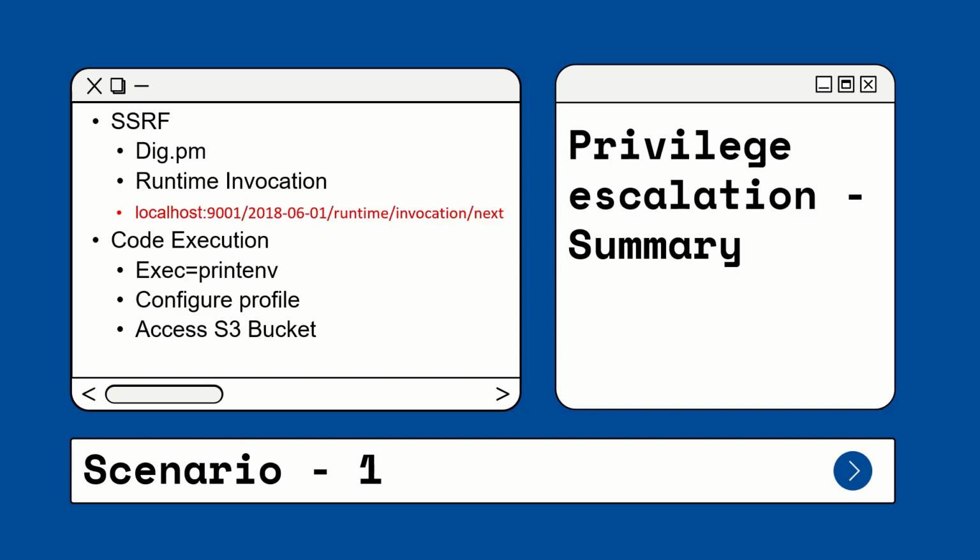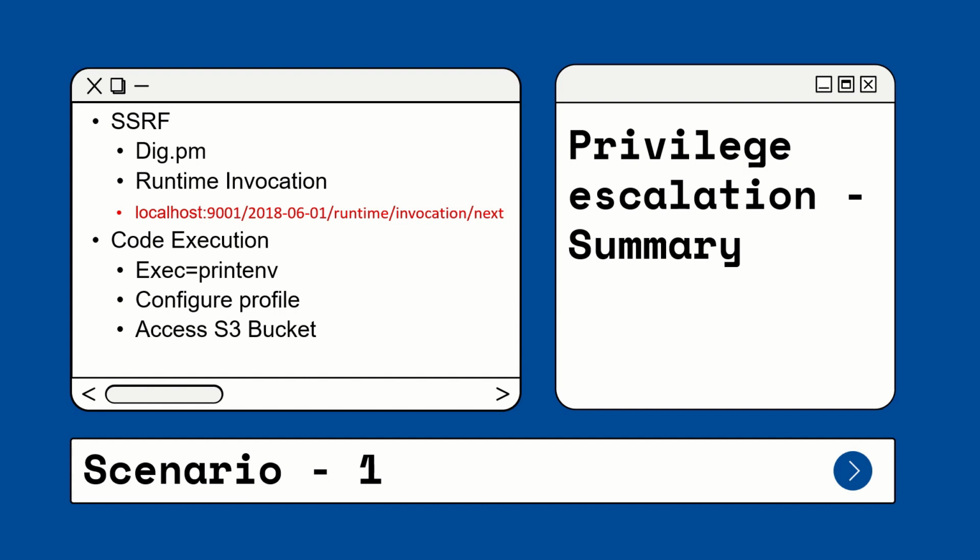To give a walkthrough of the application where we have performed different attacks, we passed the domain from dig.pm on the URL parameter and performed the SSRF vulnerability. In continuation, we performed the runtime invocation attack where we passed on the URL parameter localhost:9001/2018-06-01/runtime/invocation/next.